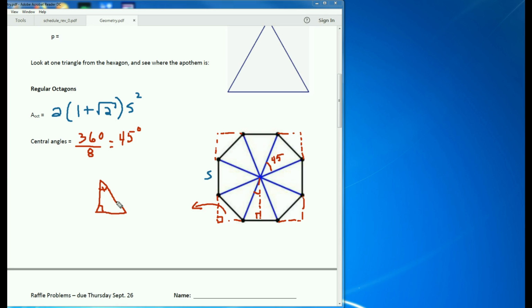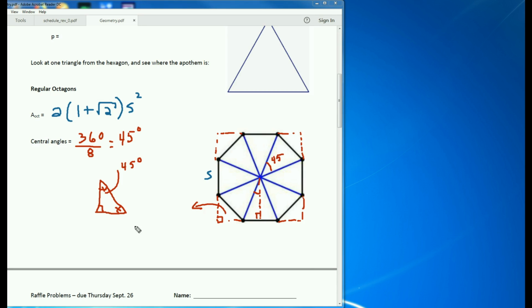So therefore, they both have to be 45 degrees. So both of these are 45-degree angles, and this is a special triangle.